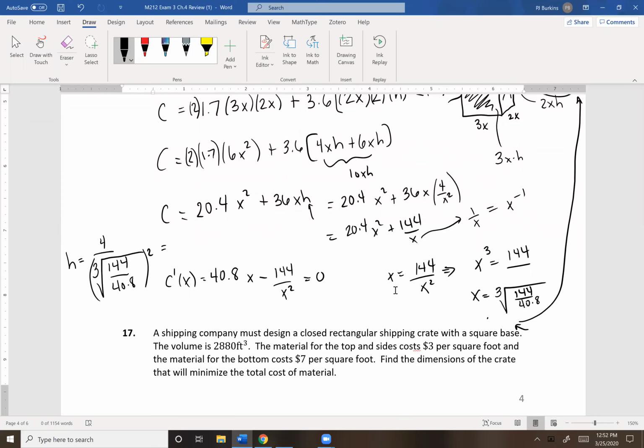I'm just going to use my phone real quick and hope it'll give me a nice number. 144 divided by 40.8. So 144 divided by that. Let's go ahead and square it. Then take the cubed root.